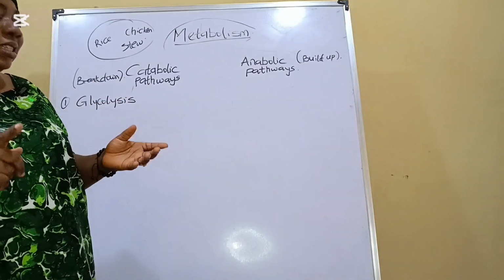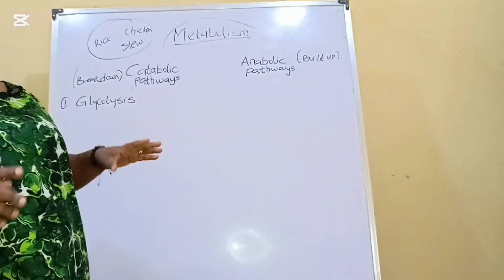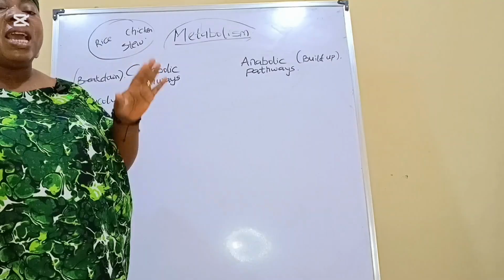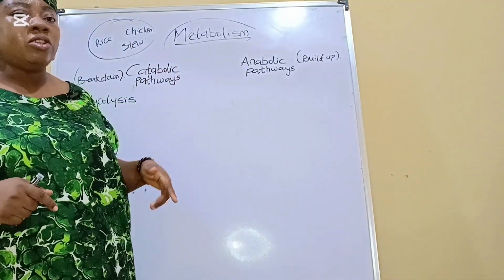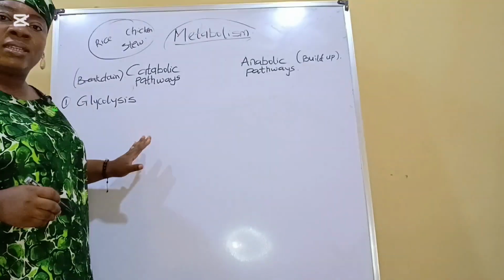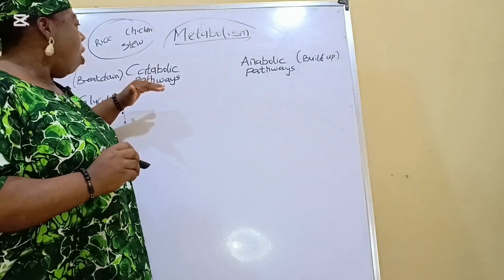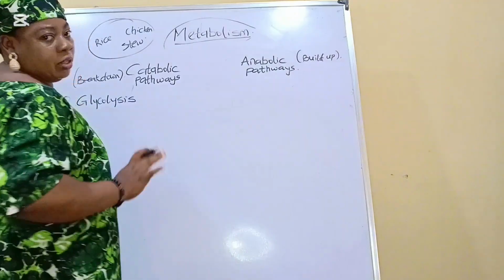And through that process, it will give us two molecules of ATP and also two molecules of NADH. There's a class on glycolysis. I've also left that link in the description so that you can go and understand it very well. So glycolysis is a catabolic pathway because it's helping us to break down glucose to pyruvate.